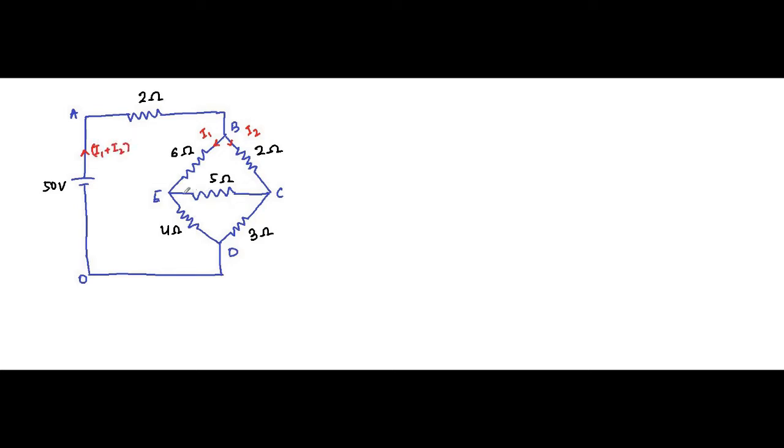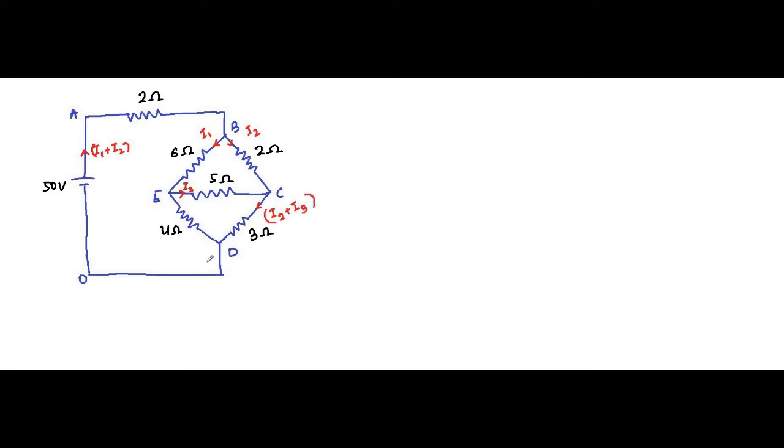The current flowing through this 5 ohm resistor, let's say it is I3. Here I2 and I3 both are flowing towards node C, so this one will be I2 plus I3.